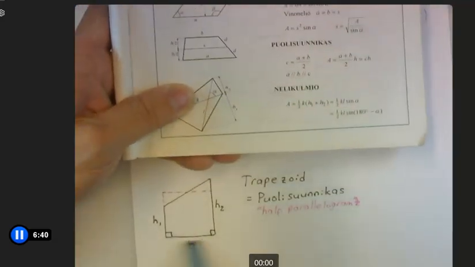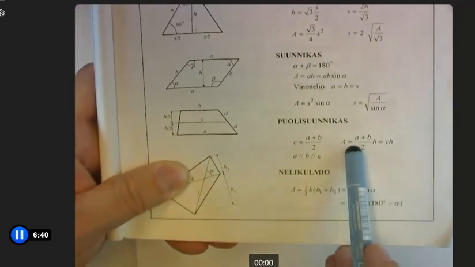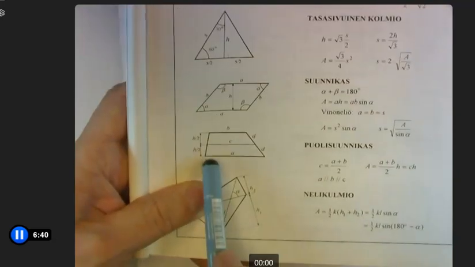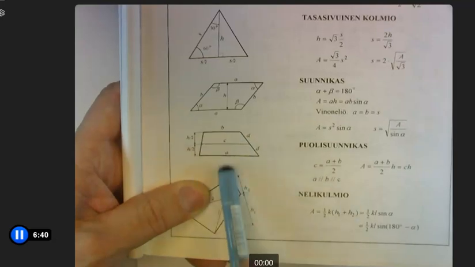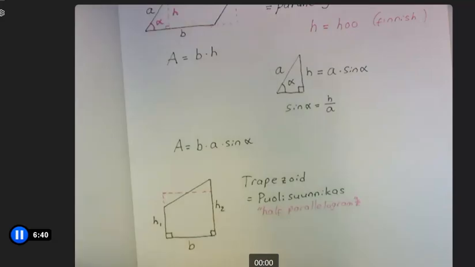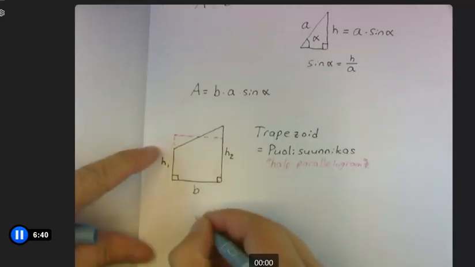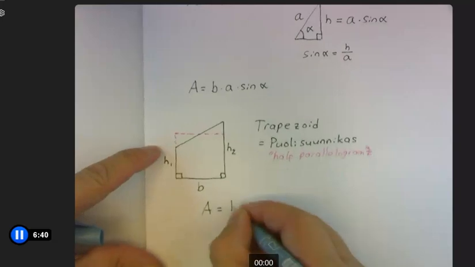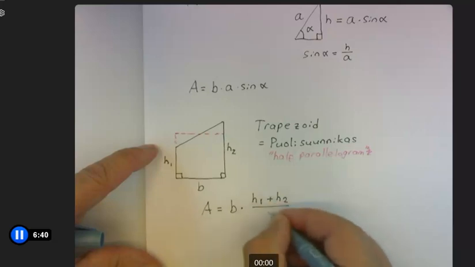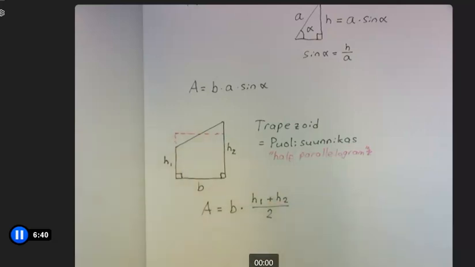In my figure it is B, and A plus B divided by 2 is the average of A and B. So here is A and here is B, and their average is this sum divided by 2. So in this case the area would be B times (H1 plus H2) divided by 2.